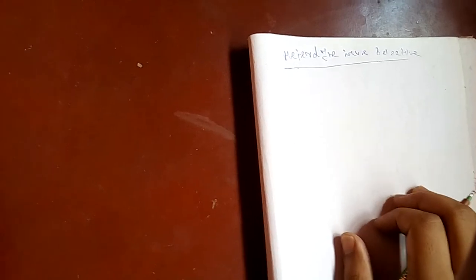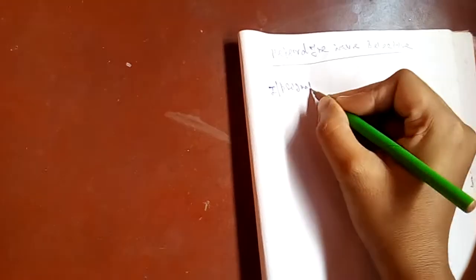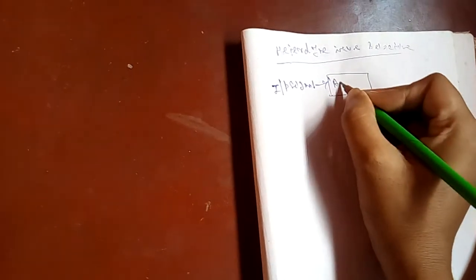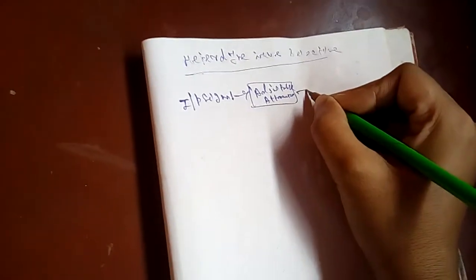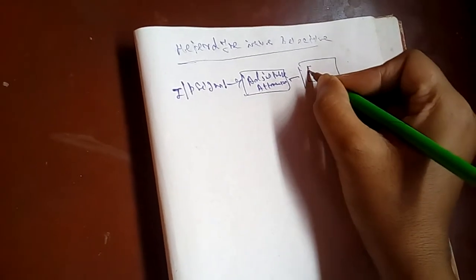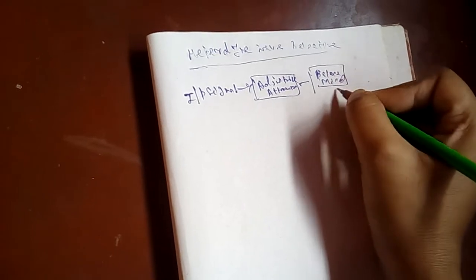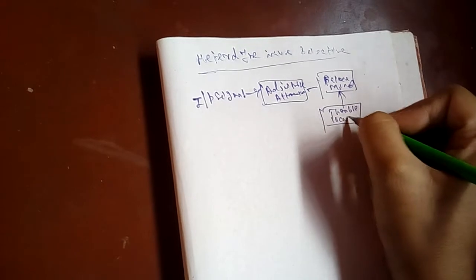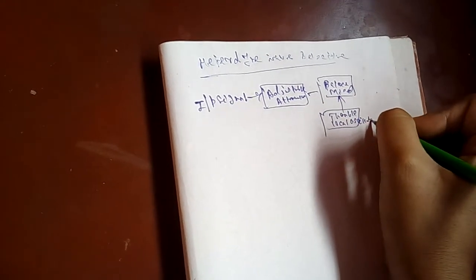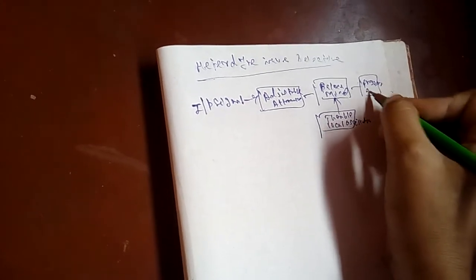If we show the basic block diagram, the input signal that we discussed is passed through an adjustable attenuator, then through a balanced mixer with a tunable local oscillator, then the intermediate frequency amplifier.